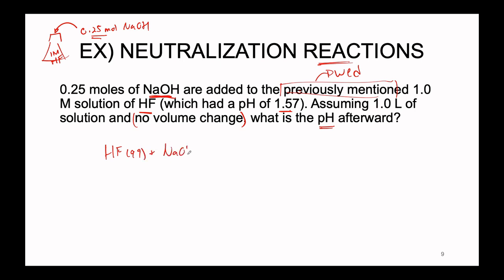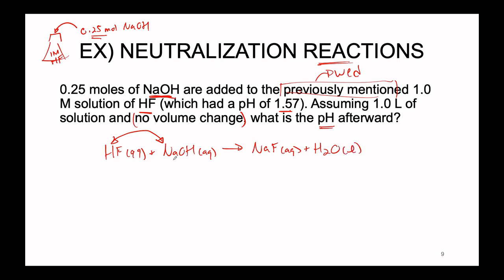We are adding some NaOH to this, also aqueous. What are the products going to be? Well, we're going to perform a double displacement, so we're going to take this H+ and swap it for this Na+, giving us NaF, aqueous, as well as some H2O in liquid form.